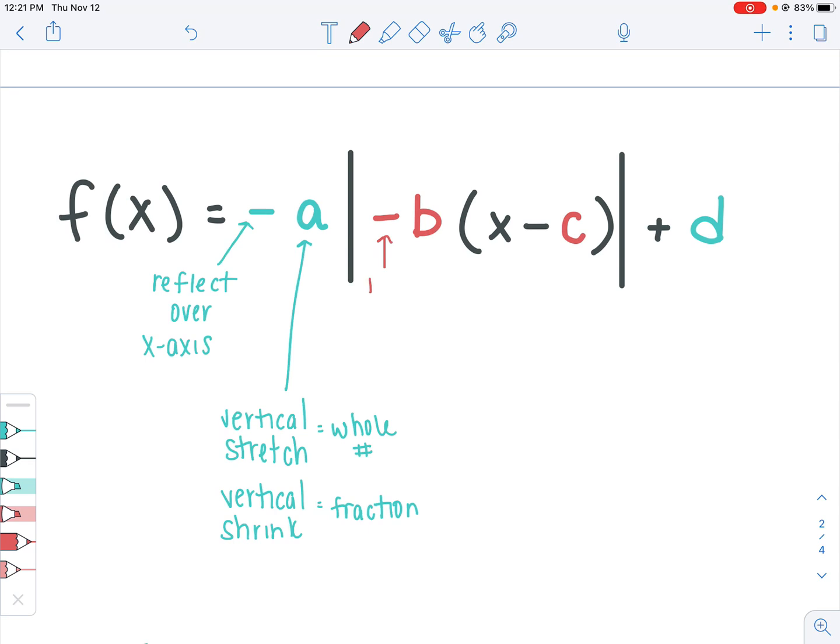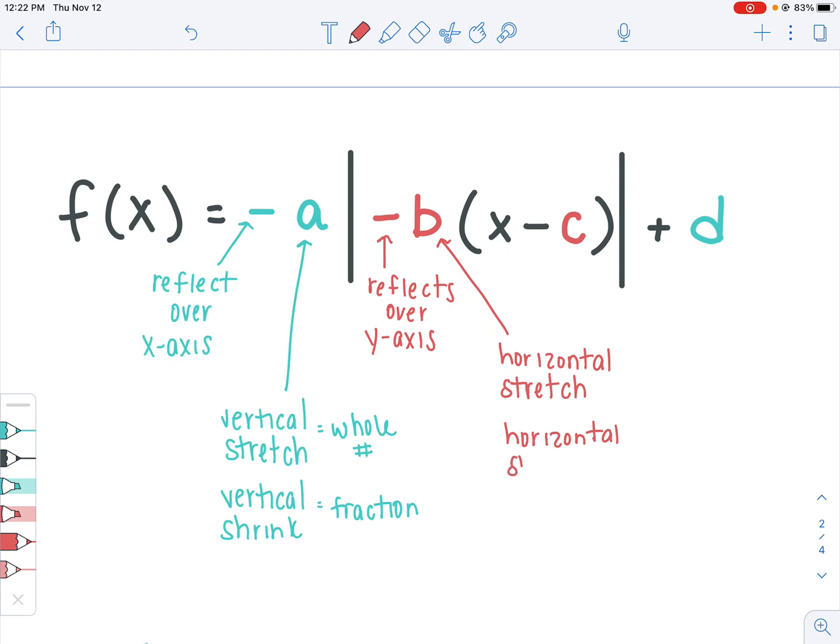This one is a fraction. The negative inside reflects over the y-axis. Multiplying by a number inside is a horizontal stretch or a horizontal shrink. It's a stretch when it's a fraction.